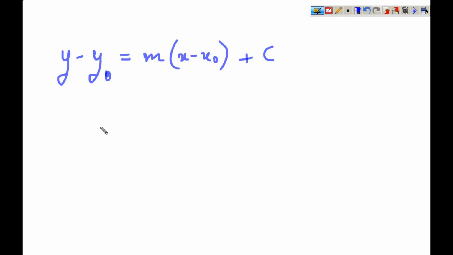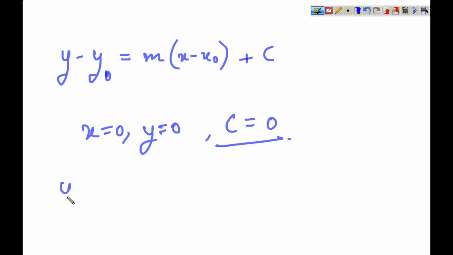So here when x is 0 and y is also 0, therefore this whole term will be 0, therefore the c in this part is 0. So we are left with y minus y naught equals m times x minus x naught.